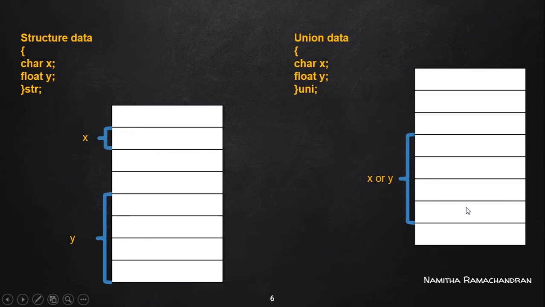From this, it is clear that in a union type data, we can initialize only one of these two members at a time, because these two variables share a common memory space. But in the structure case, this is not so. We can initialize both x and y at the same time because here we have separate memory allocation for x and y.